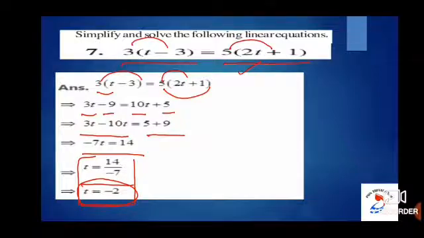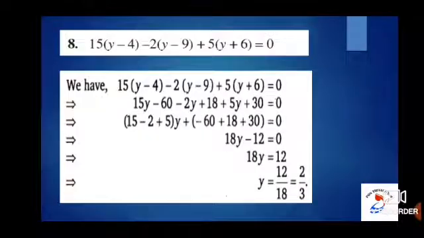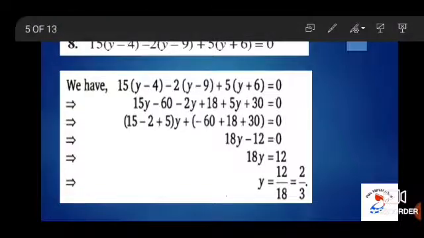This completes this problem. Now we'll move on to the next problem, that is question number 8, that is 15 into y minus 4 minus 2 into y minus 9 plus 5 into y plus 6 is equal to 0. So we will see how to solve this problem, that is 15 multiplied by y, that is 15y, 15 multiplied by minus 4, that is minus 60, minus 2 into y, minus 2y, minus 2 into minus 9, that is plus 18, because minus into minus is plus, no?